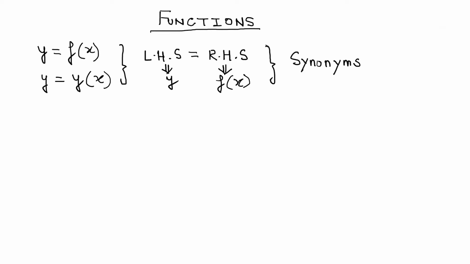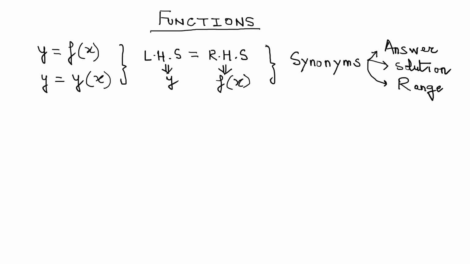Now when I say synonyms, what I mean to say here is, this is nothing but the answer or the solution or we can say is nothing but the range of the function which has been given to us.